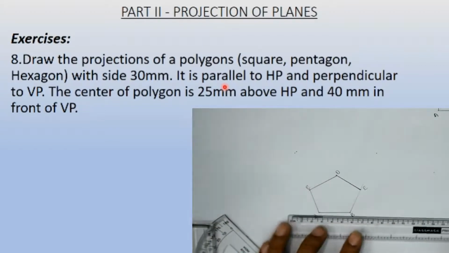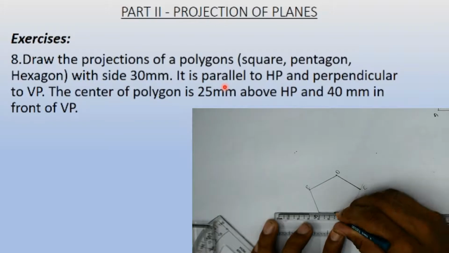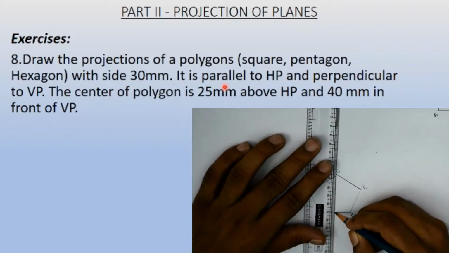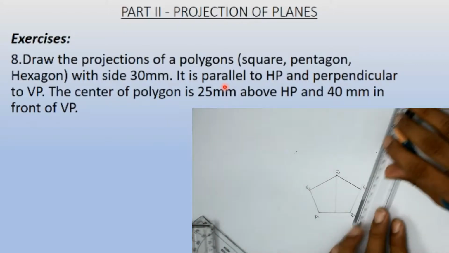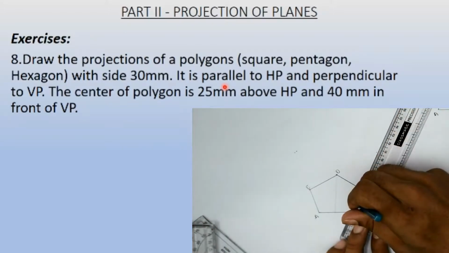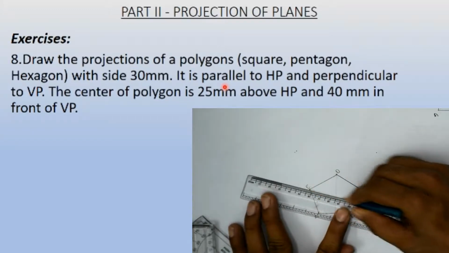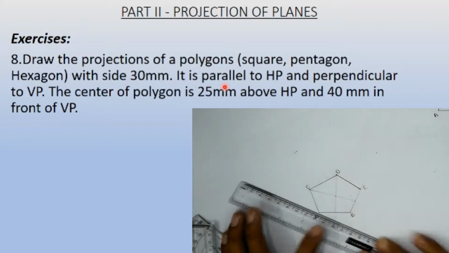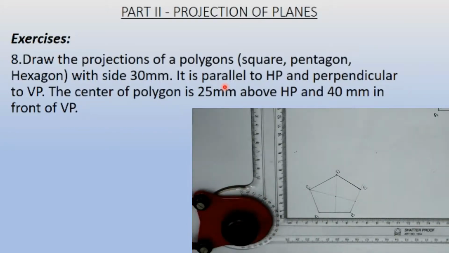I will try to get the center of this first. So this is its center point, and the reason I am taking the center point here is that it's given that the center is 40 mm in front of VP.